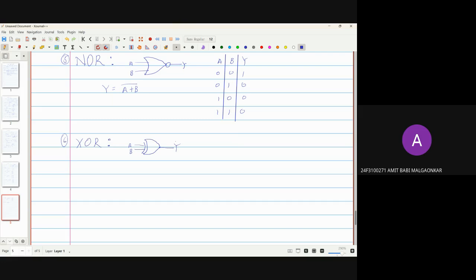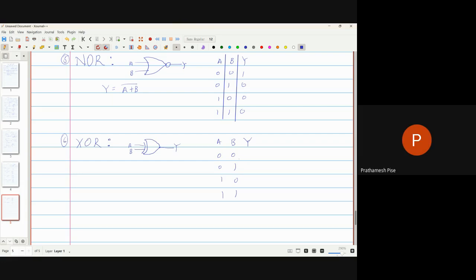What will happen in case of three inputs, like 1 1 1 or 0 0 1? In case of a two input XOR gate, we can say that when the inputs are different, the output is high. But for a more general definition, if the number of high inputs is odd, then the output will be high.